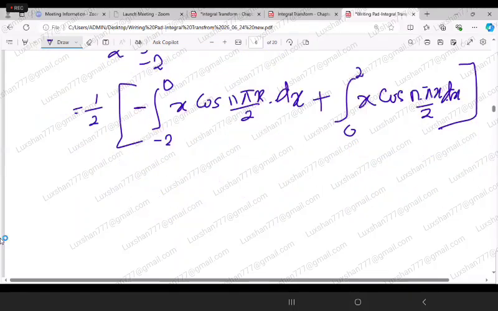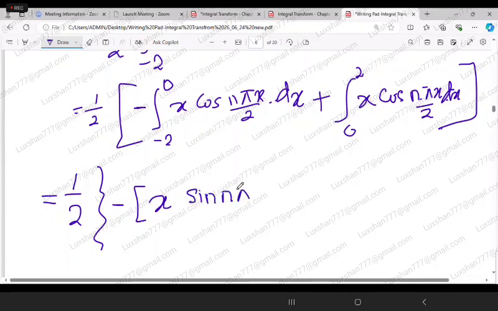Okay. So now we have to do the integration. Half times. So first one, if you integrate, what is the first integration? So minus is there. First function is x into integration of this one. Integration of cos is, we know, sine, no?